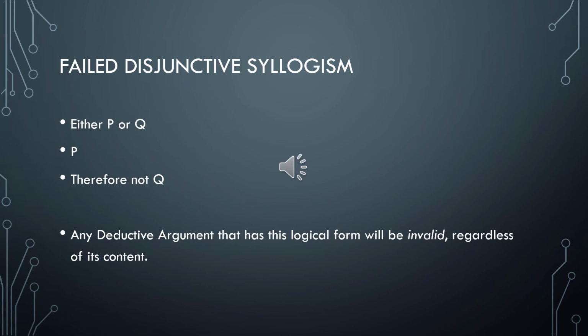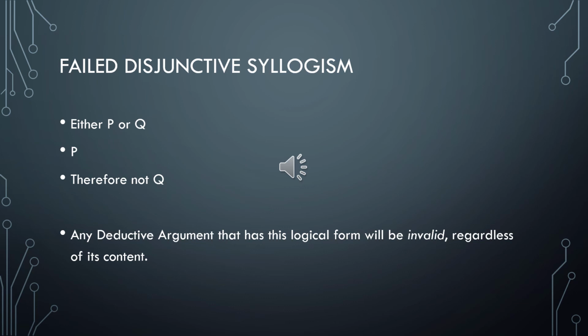The previous argument is an example of a failed disjunctive syllogism. It has a disjunction, either P or Q. The problem is the second premise does not eliminate one of the possibilities. Since P or Q can both be the case, if we say that P is the case, that does not imply that Q isn't also the case.